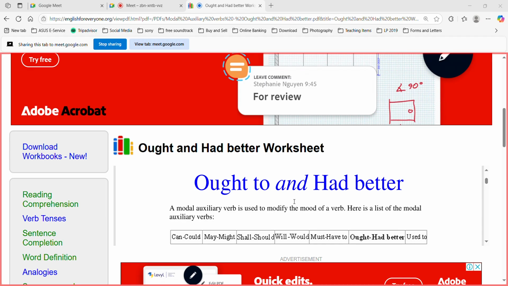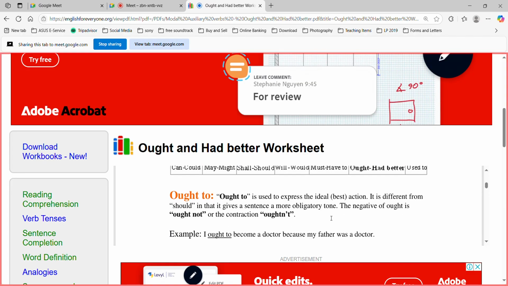As we know, a modal auxiliary verb is used to modify the mode of a verb. We already touched on can and could, may, might, must, have to, and so on. Today we are going to learn about ought to.